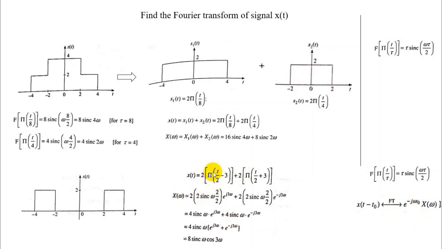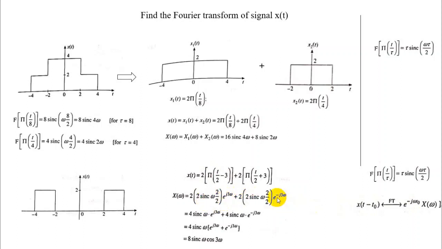In that case the Fourier transform of rectangle t by 2 is 2 sin(omega 2 divided by 2). However, it has been shifted to t equal to 3, so e to the power j 3 omega is multiplied here.